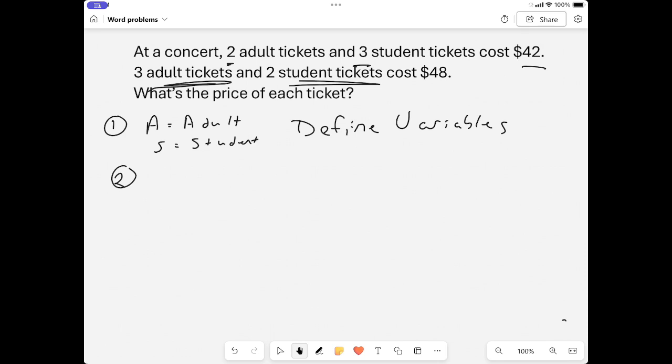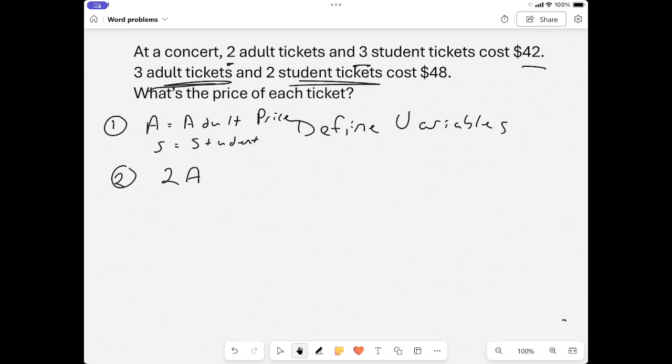What do I know? Well, 2 adult tickets. So 2 times the price of an adult ticket. And maybe I should have written up here, these are adult price and they are student price. But so 2 times the adult price, whatever that is.